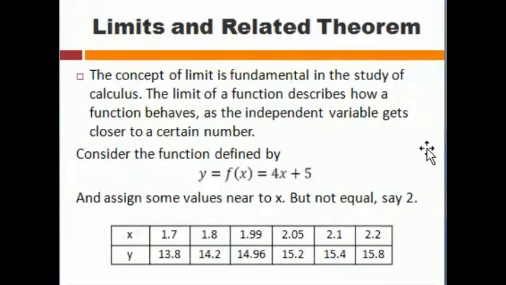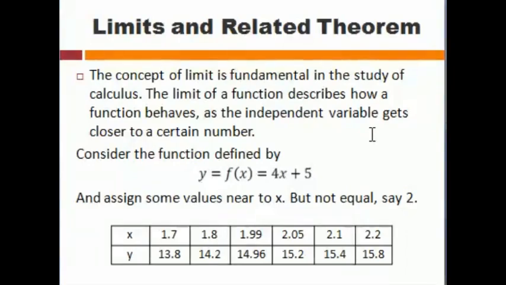assign some values near to x but not equal, say, 2. When x is equal to 1.7, substituting 1.7 in the given equation 4x plus 5, then y is equal to 13.8.